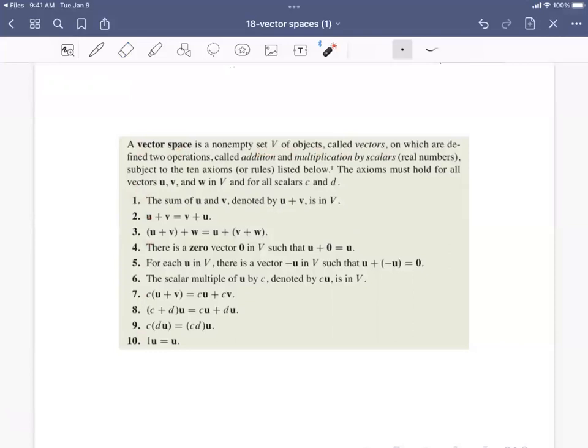The most important two rules we are going to verify are: the sum of u and v, denoted by u plus v, is in V. This is called closability under addition.